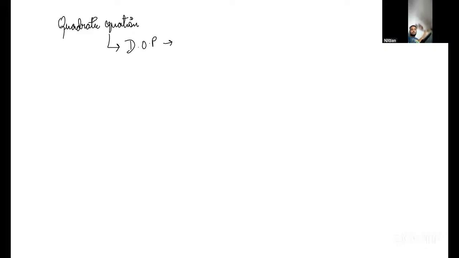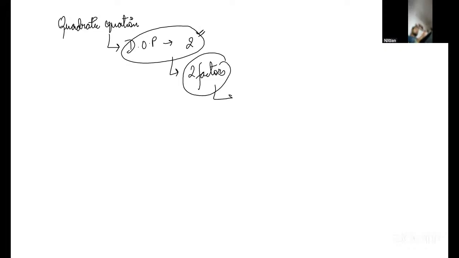How much DOP is there? 2. Okay. A quadratic equation has a DOP of 2. So if DOP is 2, meaning degree of polynomial is 2, then they have two factors. Mostly they have two factors. And if they have two factors, then there will be 2 ZOP.